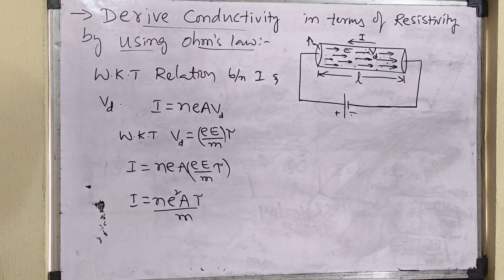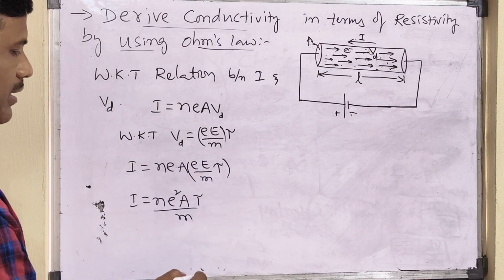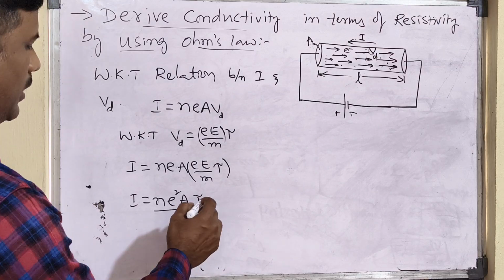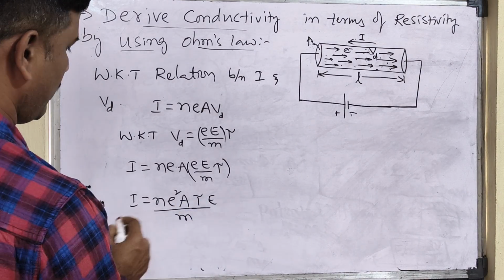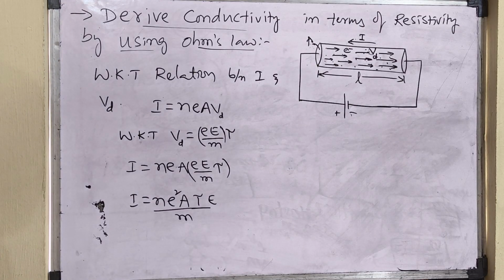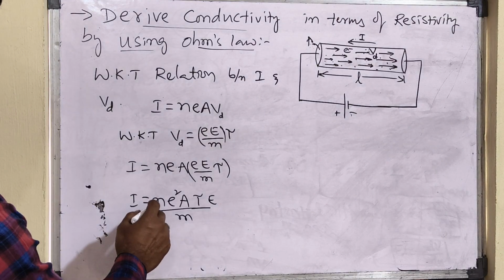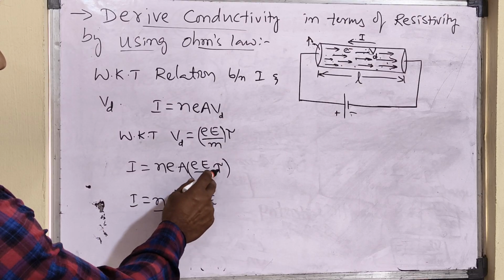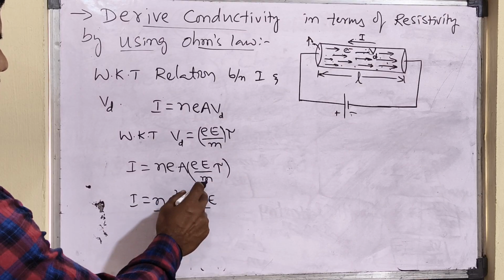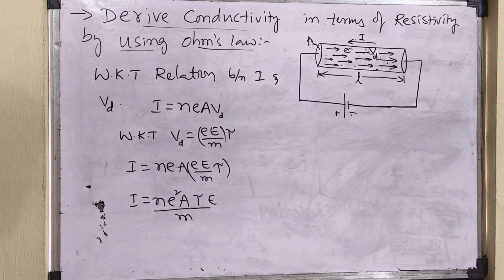Are you clear? Next, what letter is missing? Capital E. So that E letter should be written here. Clear? Right. I is equal to n e squared A tau into E divided by m. That's it. Right.